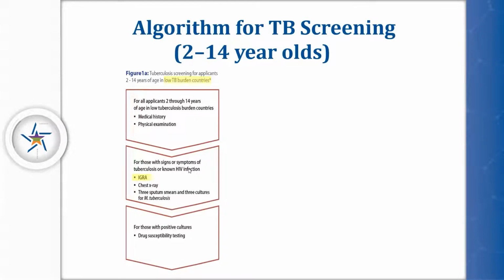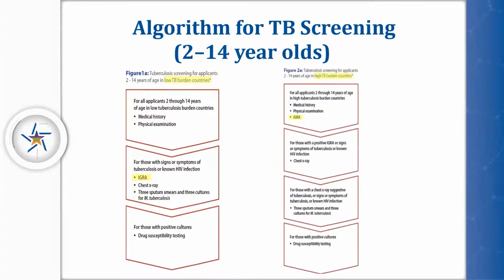If on the evaluation by the panel physician there are signs or symptoms of tuberculosis or known HIV infection, then that child would receive an IGRA, a chest x-ray, and produce 3 sputum or gastric or bronchoscopy specimens or induced sputum, but they would need 3 respiratory specimens at that point. And for those who have positive cultures, you would require drug susceptibility testing. So that is the algorithm for children in low burden countries.